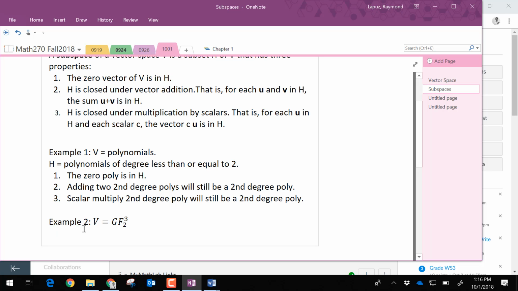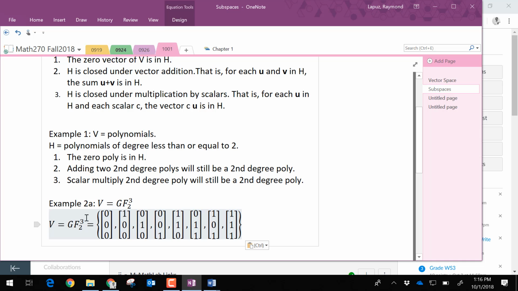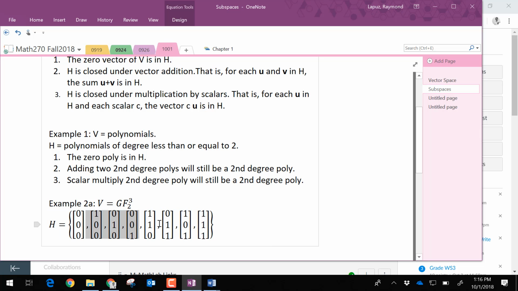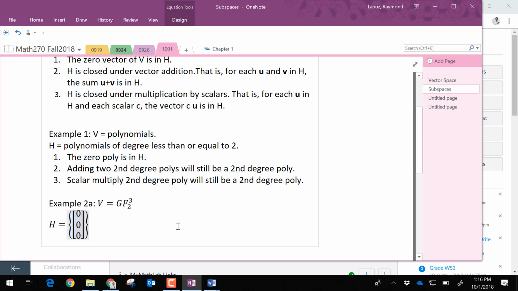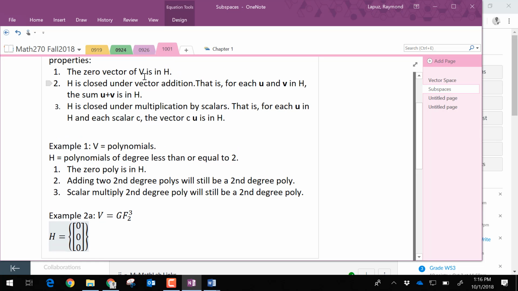Let's call this example 2A. So if we take everything out except for 0, 0, 0, is this going to satisfy the three properties that we came up with?